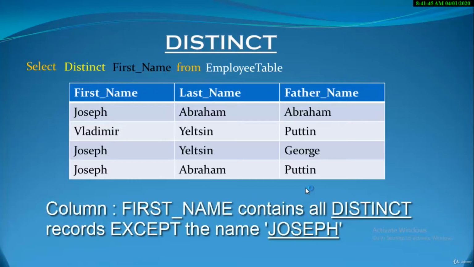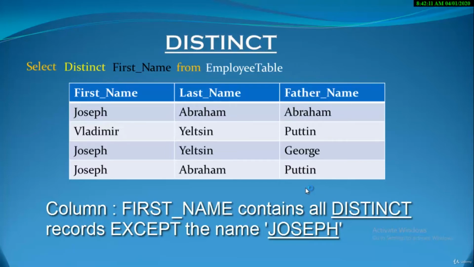In this example, you can see that we have a table which has three columns: first name, last name and father name. In first name, you can see that the word Joseph is available for 3 different rows, whereas the word Vladimir is available for one person or one row.